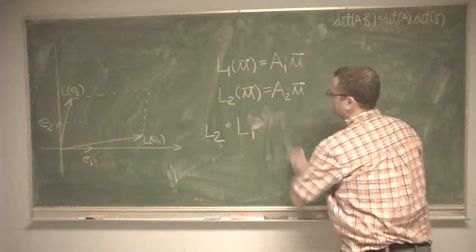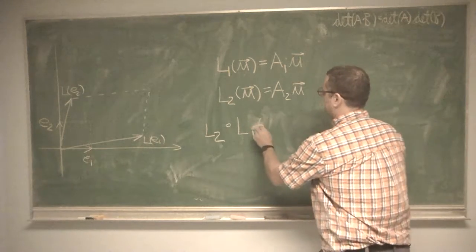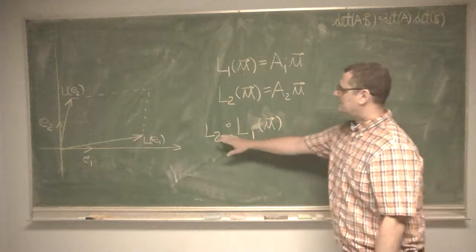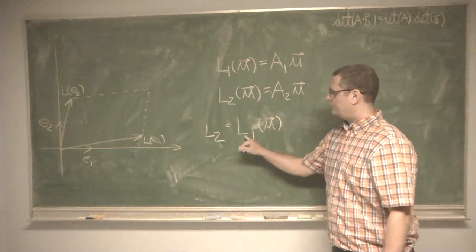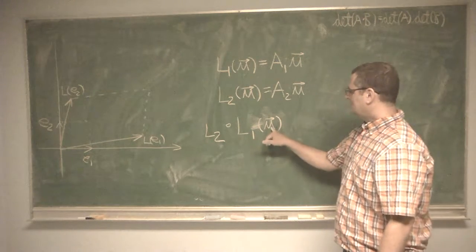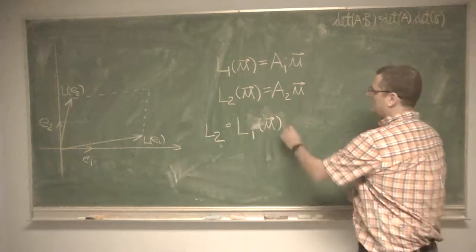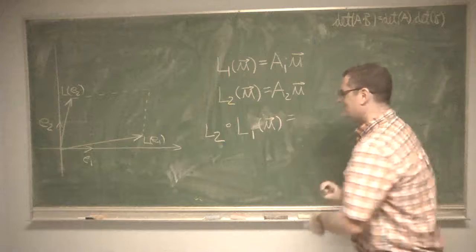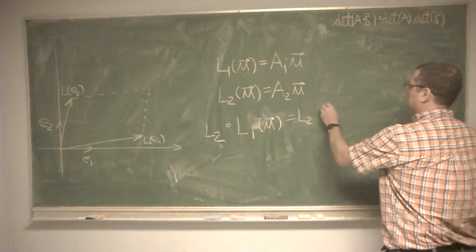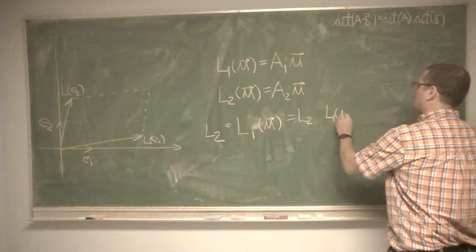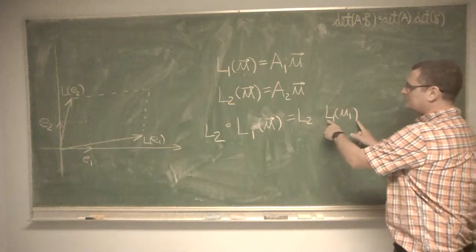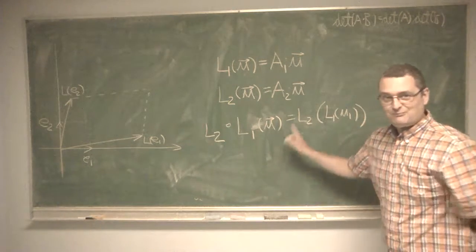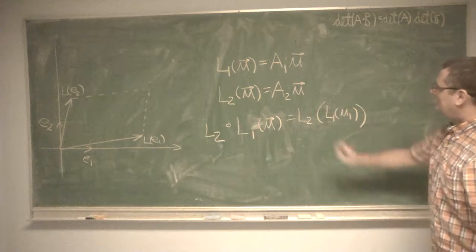So let's take an arbitrary vector u, and what is the composition of L1 and L2? Well, I take the arbitrary vector u and I first attack it by L1. So I have L1 of u, and whatever the result is, I attack this result by L2.